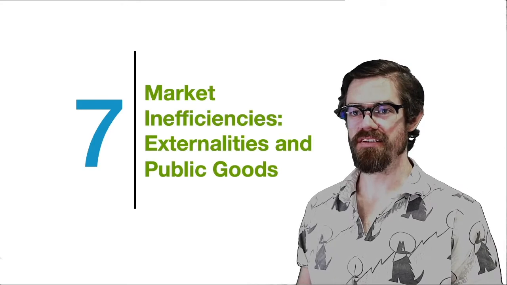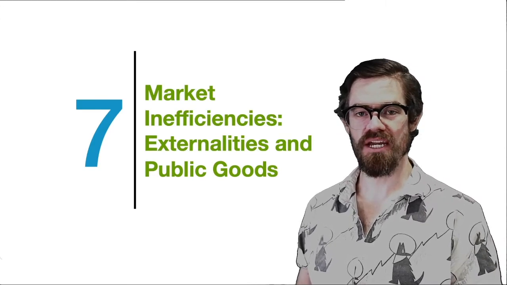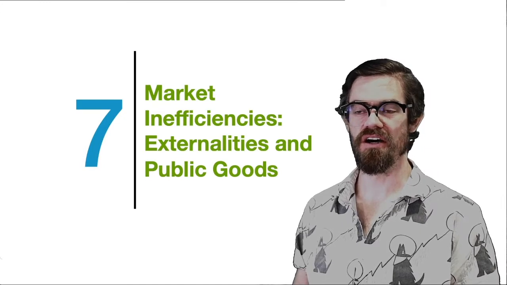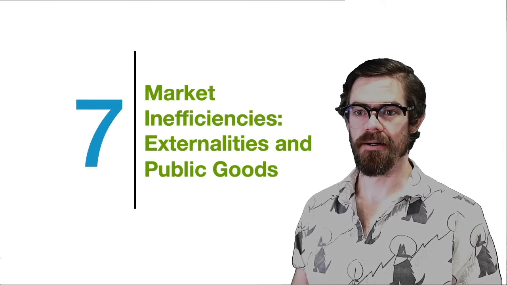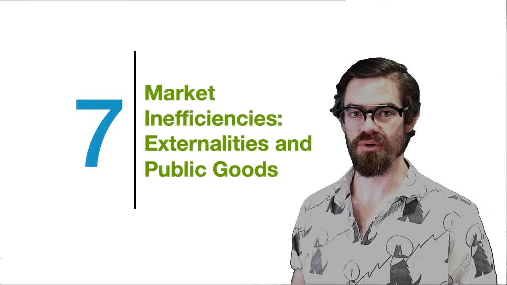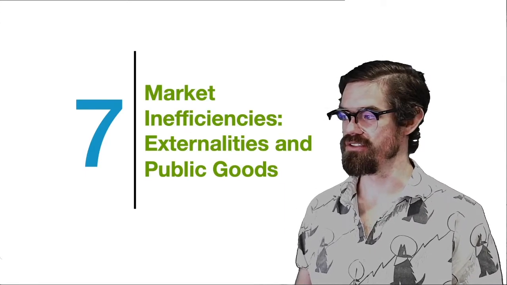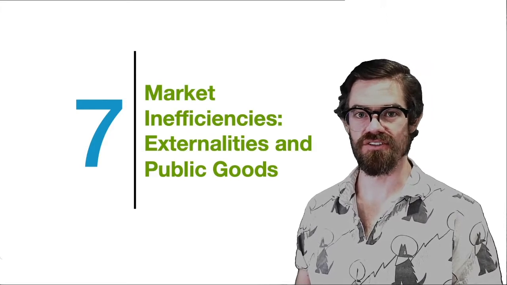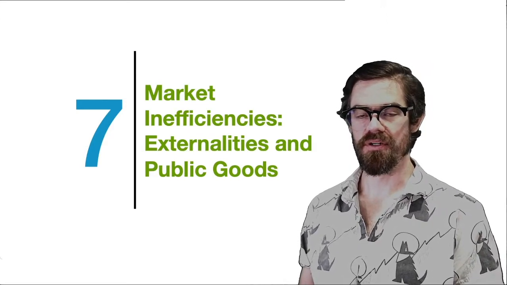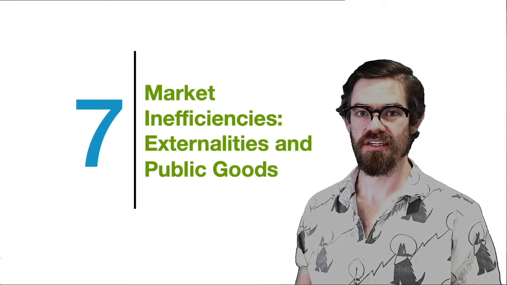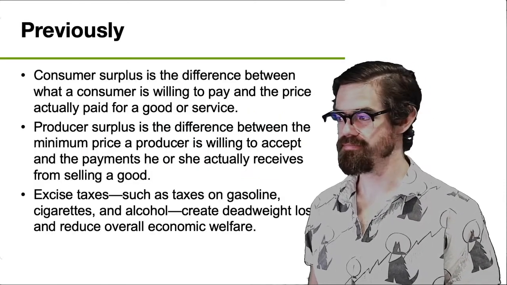This chapter is in the same vein as those chapters, because there are other instances where free market capitalism doesn't always work. The market breaks down. There are some externalities, as they're called. And so we're going to see some other cases where we have inefficiencies in market allocation.